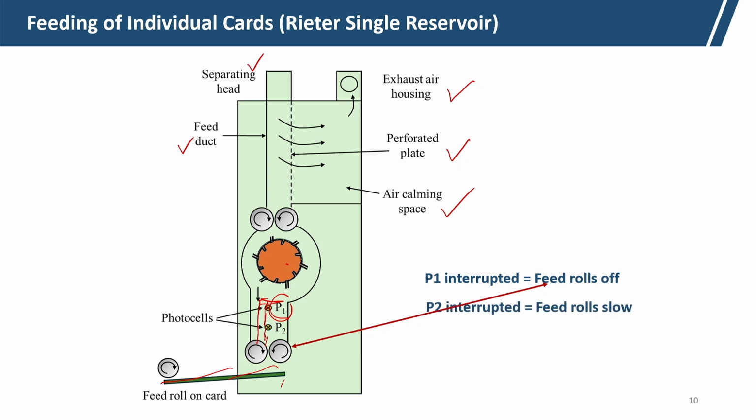When P2 is interrupted, the feed roller becomes slow, that means there is sufficient material, but it is not too much. So you reduce the feed roll speed. When the material is low, there is no interruption on the photocells, and the feed roller will move at high speed, so proper feeding will continue in the card.